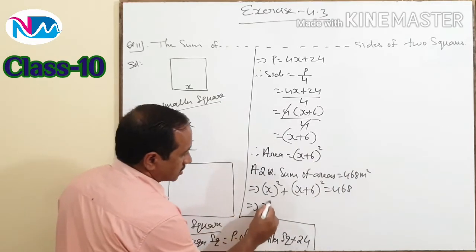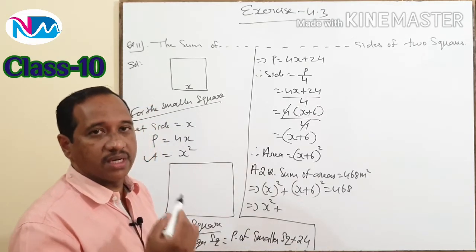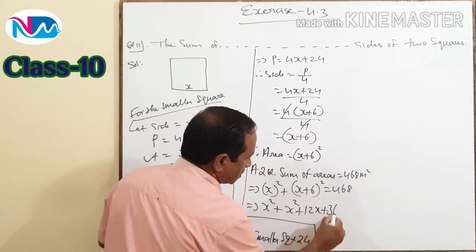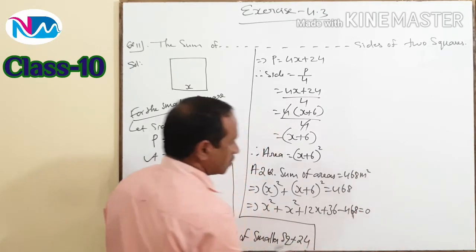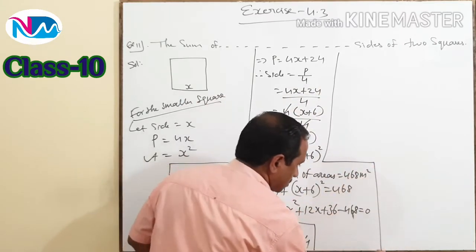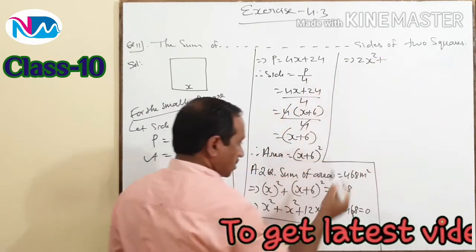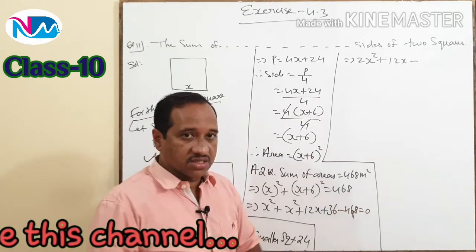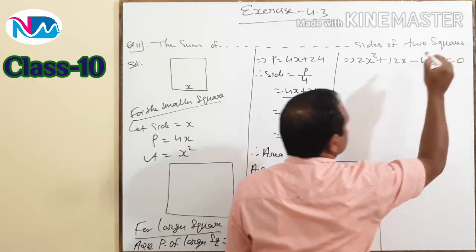That is x square plus x plus 6 the whole square will be expanded by using the formula a plus b the whole square. That is x square plus 12x plus 36 minus 468 equal to 0. So we are getting the quadratic equation x square plus x square, 2x square plus 12x minus 36 minus 468 is minus 432 is equal to 0.